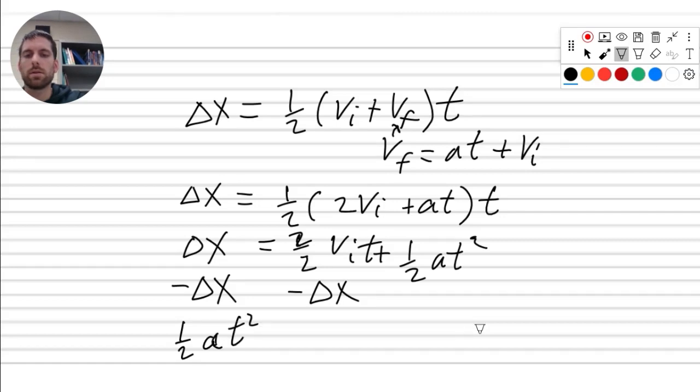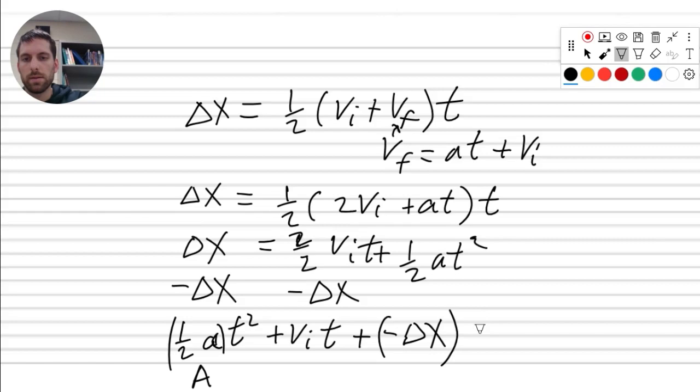1/2 a t squared plus v initial t plus negative delta x, because we have to put it in standard form. All right. So this is our A, this is our B, and this is our C. And we can set everything up into our equation.